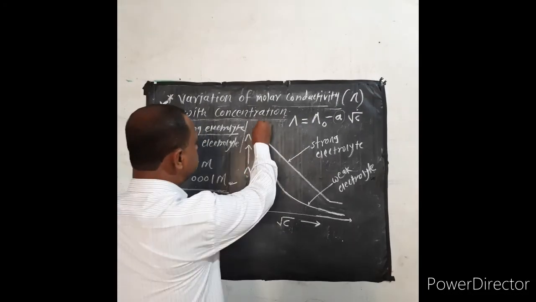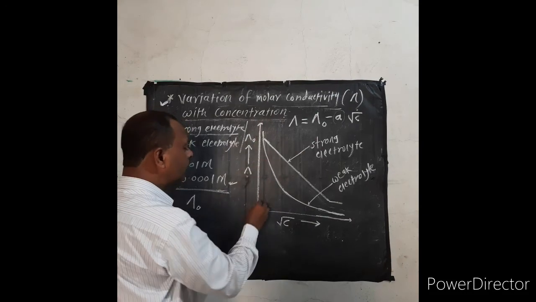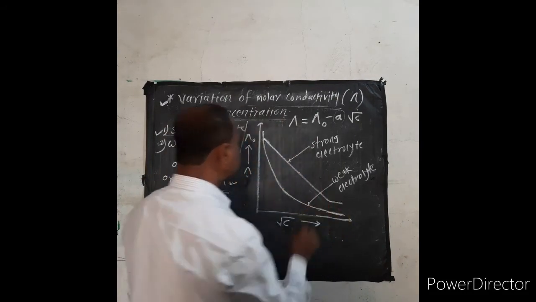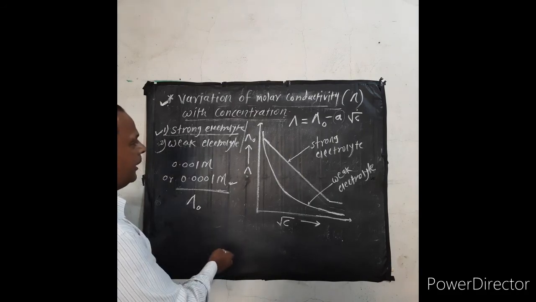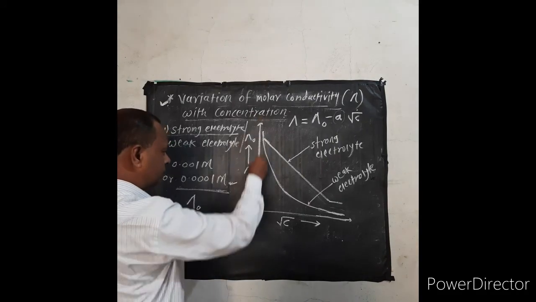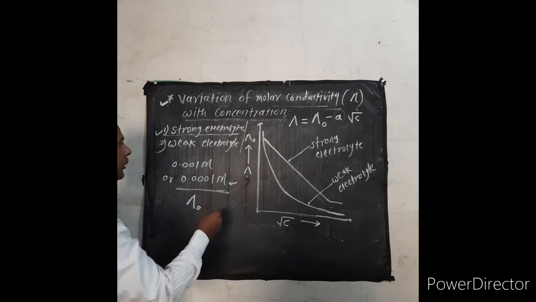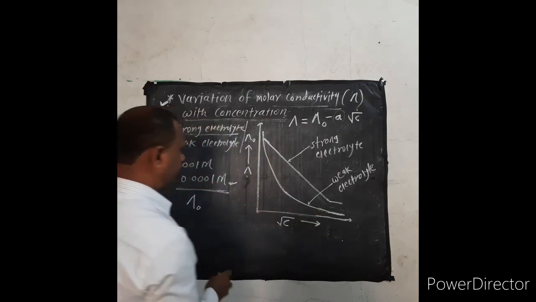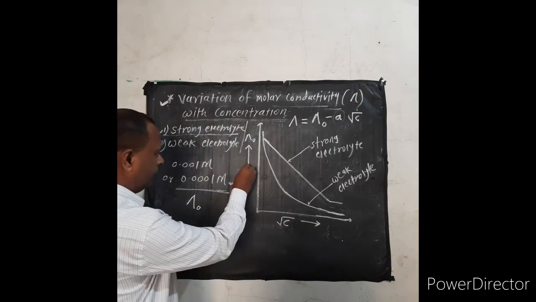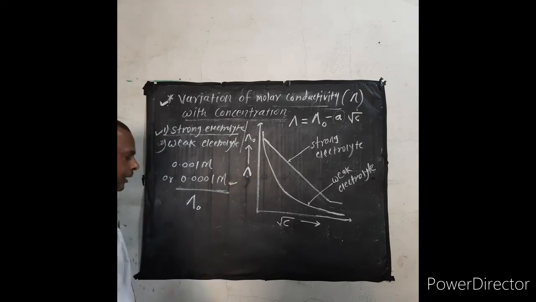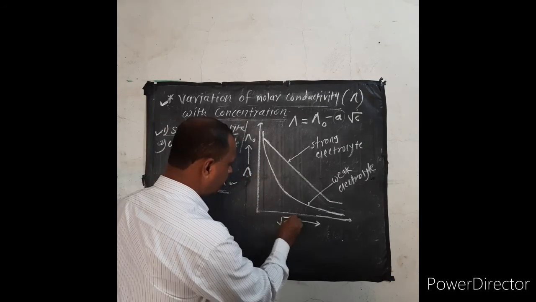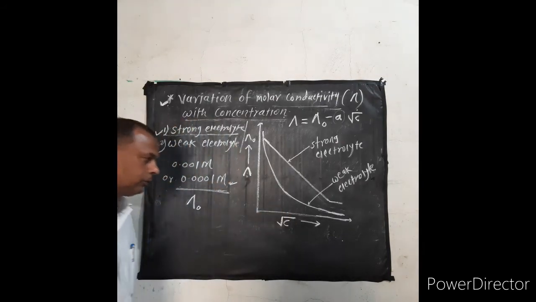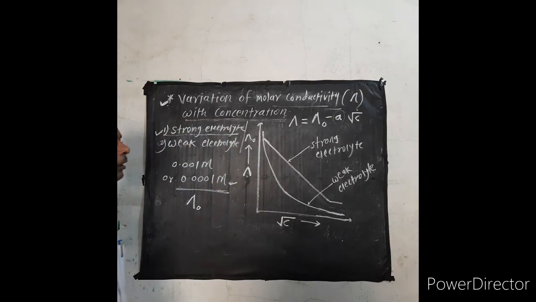Now, the scientist Kohlrausch showed in his experiment how the molar conductivity of a strong electrolyte varies with concentration. Here is the plot of molar conductivity of a strong electrolyte versus the square root of concentration.